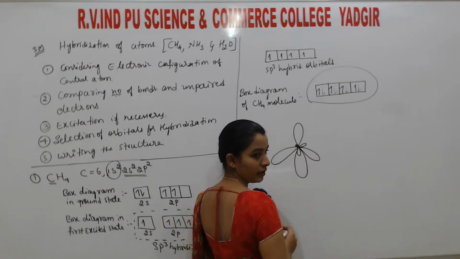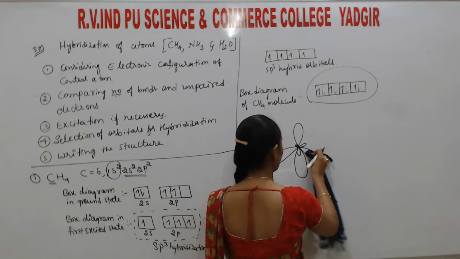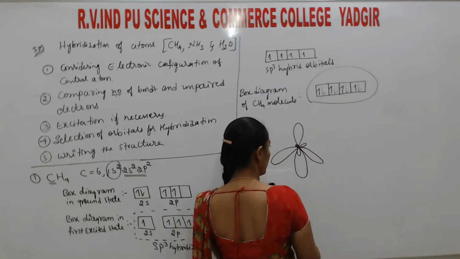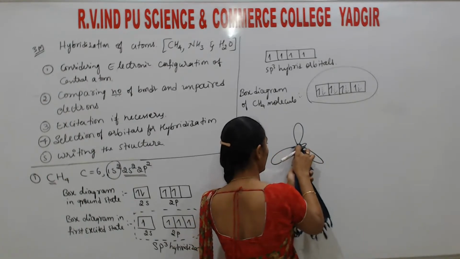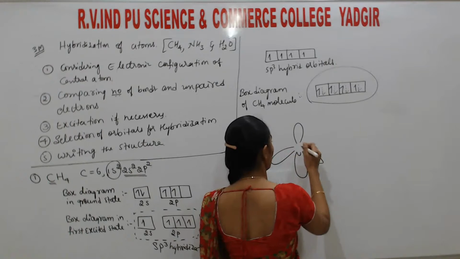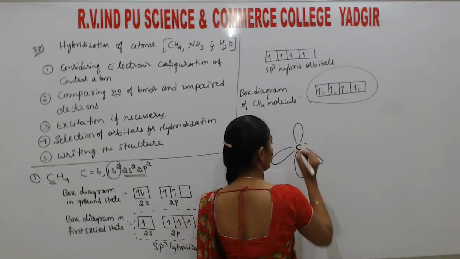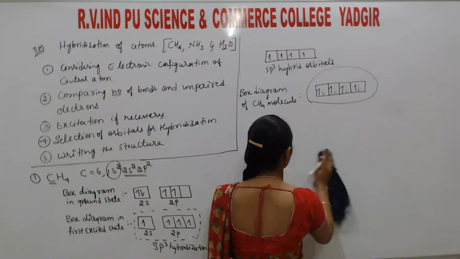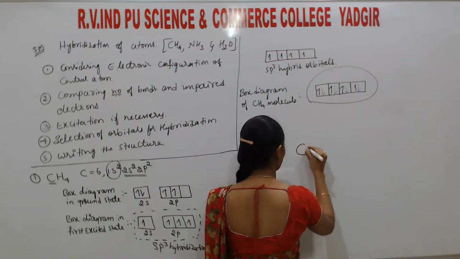Okay, this is how the tetrahedral structure takes place. Listen, here this is simply replaced by what? Carbon atom. So I'll simply write this, carbonium.